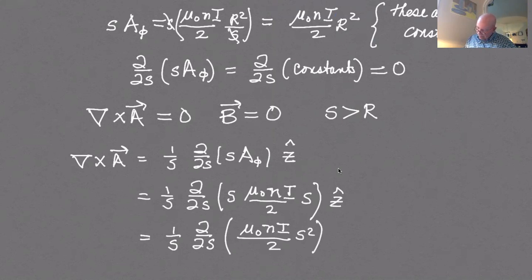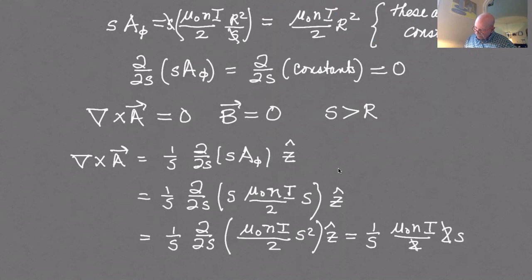Let me just keep on forgetting to carry that Z caret around, it's important. Taking the derivative, this is 1 over S times mu naught N times I over 2 times 2S.